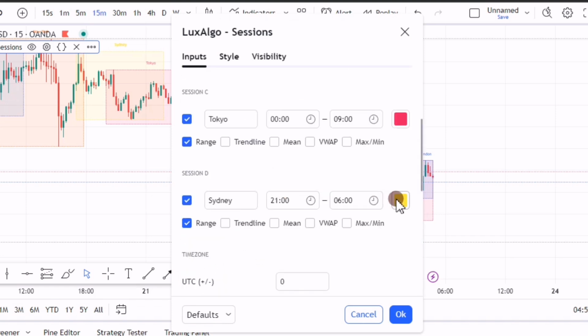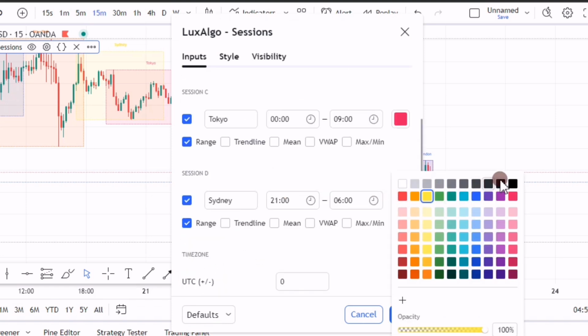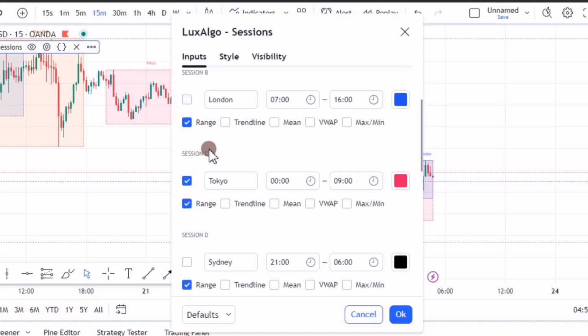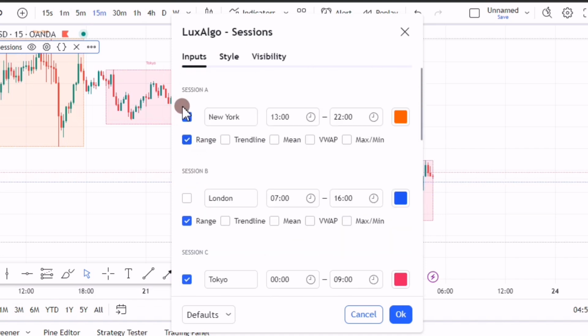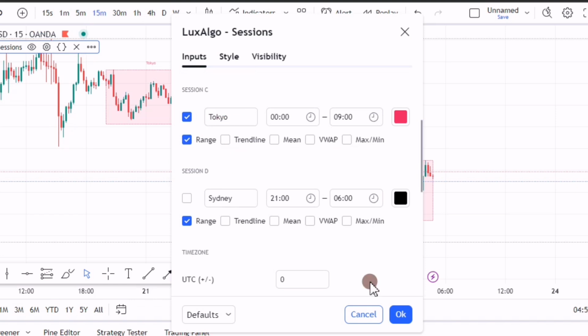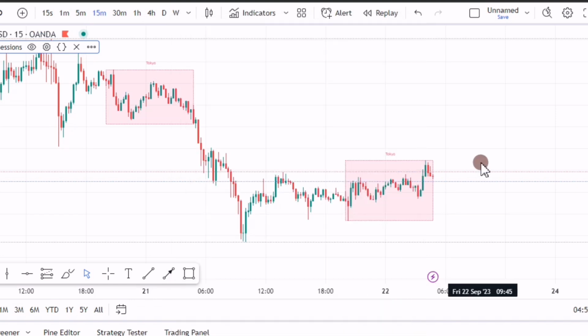If you are on a white screen, put a black color on Sydney. Uncheck Sydney, uncheck London, uncheck New York, leave Tokyo, and then press OK. Okay, and then let's go.